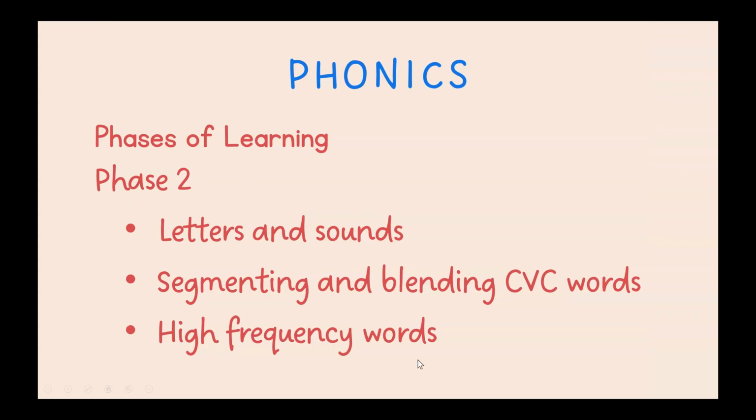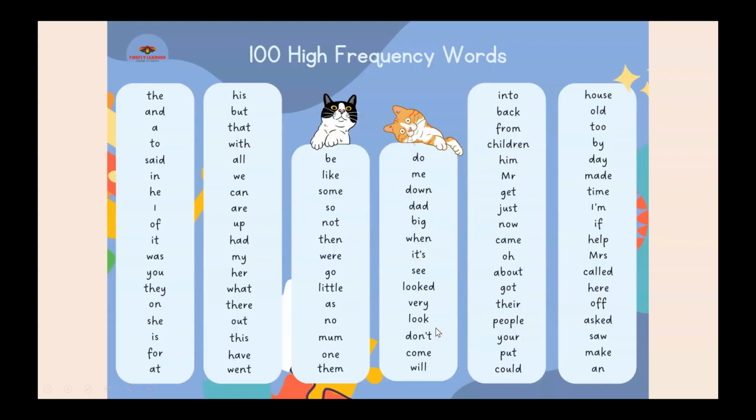Something else we focus on during phase two is we start teaching children the high frequency words. This here is a list of the high frequency words. So these are basically words that are really common in the English language, but that are not necessarily phonetically decodable.